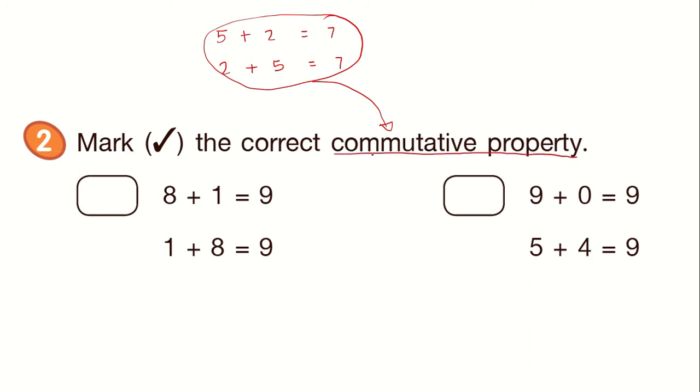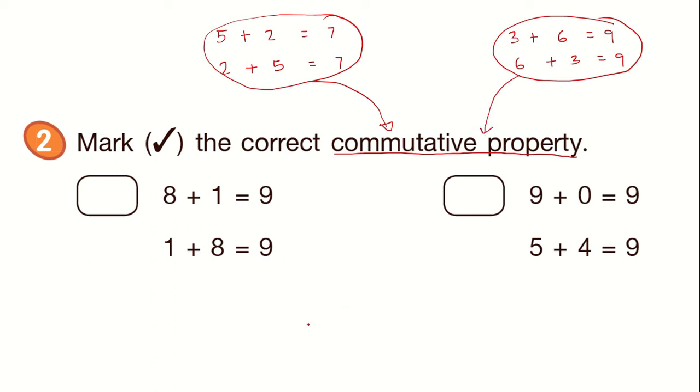Another example. If I have 3 plus 6 equals 9, also 6 plus 3 is equal to 9. So this is what we call the commutative property.